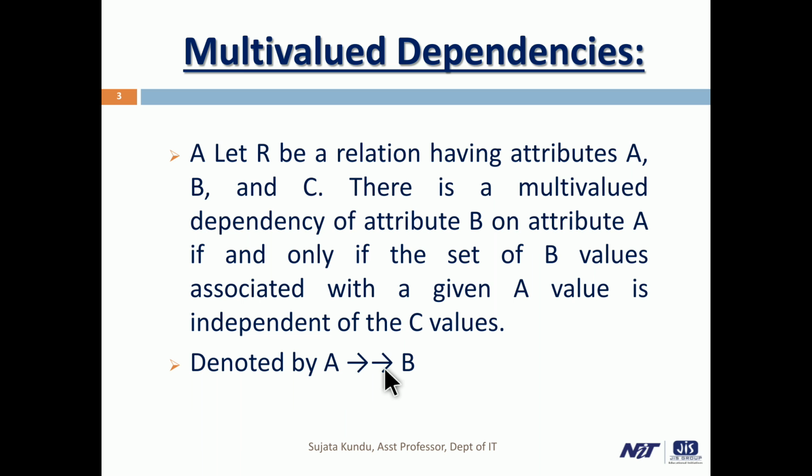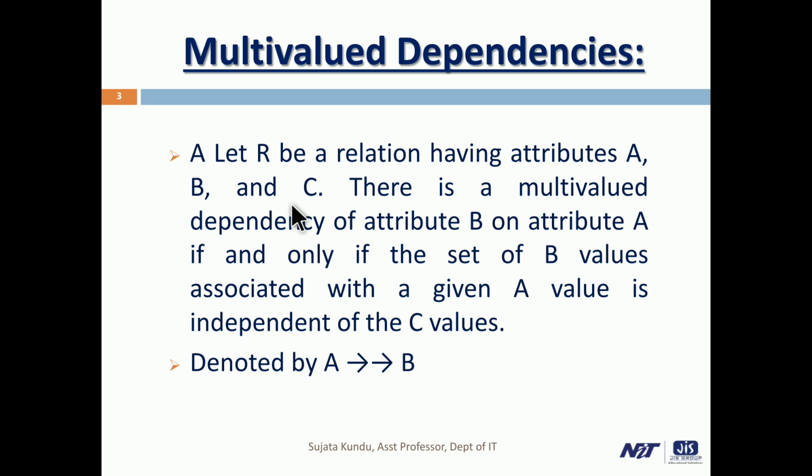We write this as A double arrow B and read it as A multi determines B. If R has at least three attributes A, B and C, and B is multi-valued dependent on A, then C is also multi-valued dependent on A as well.